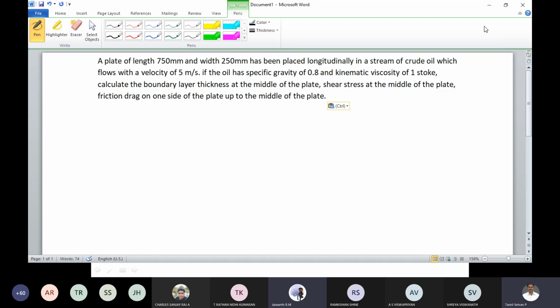Students, am I audible? Yes, sir. So now it is given in the problem that a plate of length 750 mm and width 250 mm, and the kinematic viscosity is given as 1 stoke. Now you should know that 1 stoke is equal to 1 into 10 power minus 4 meter squared per second.